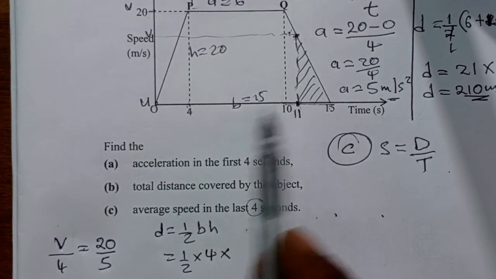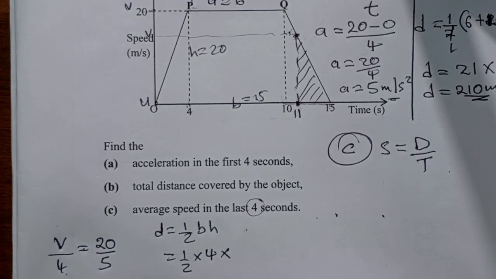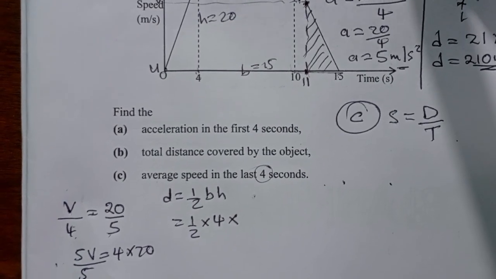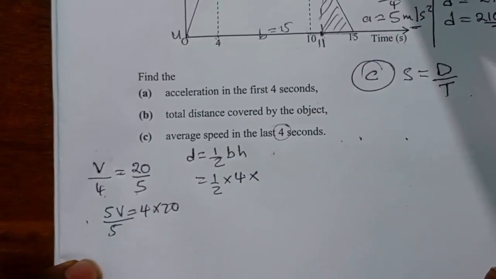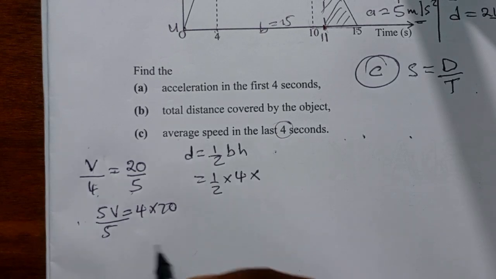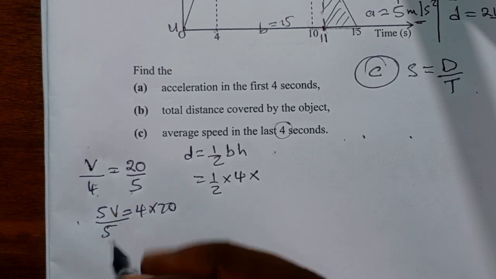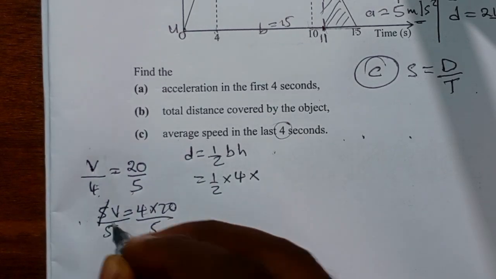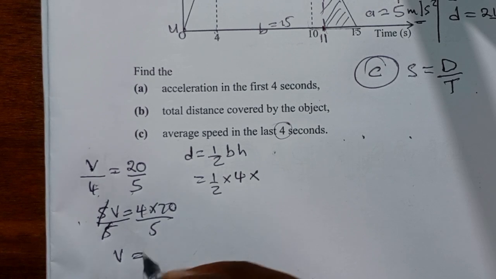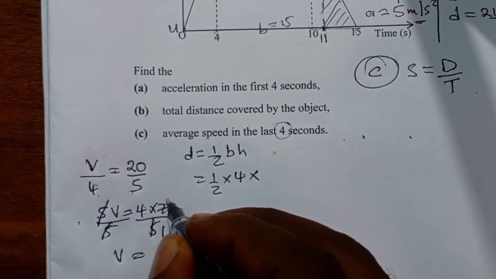So there we are saying 5 times V, it is 5V, is equal to 4 times 20, so V is equal to 4 times 20 over 5. 5 goes into 5 once, 5 into 20 is 4.